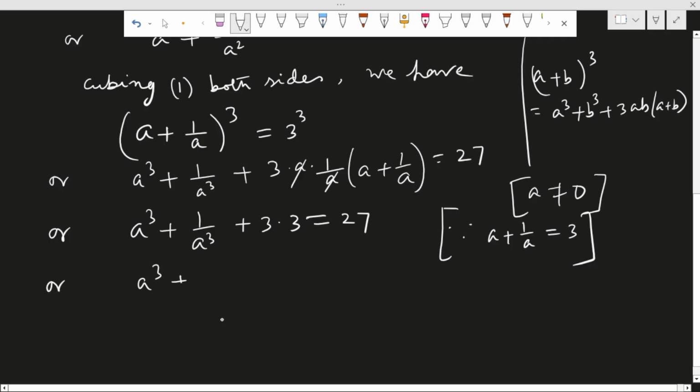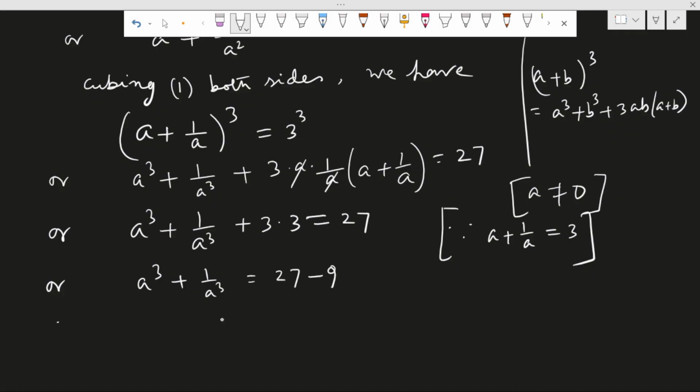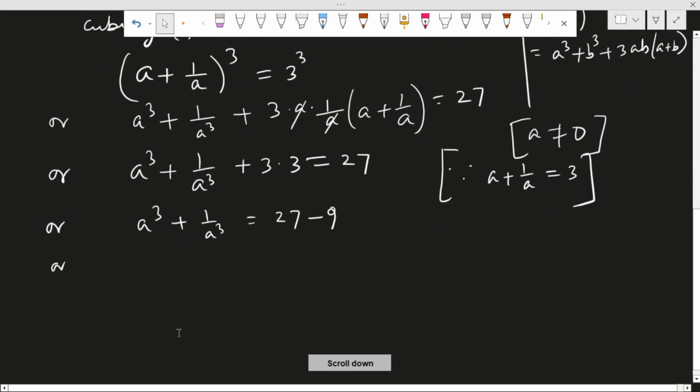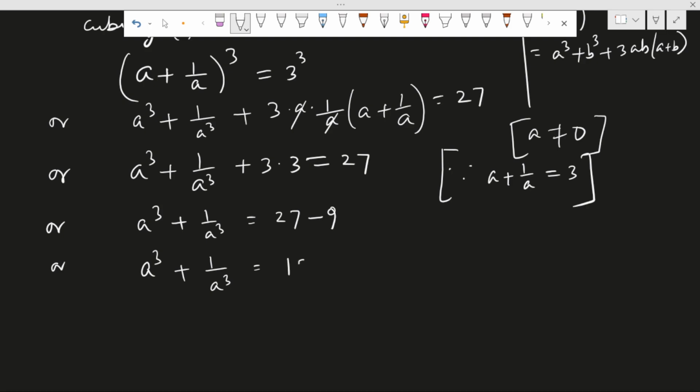A cube plus 1 by a cube is equal to 27 minus 3 3s are 9, or a cube plus 1 by a cube is equal to 27 minus 9, 18. Name it equation 3.